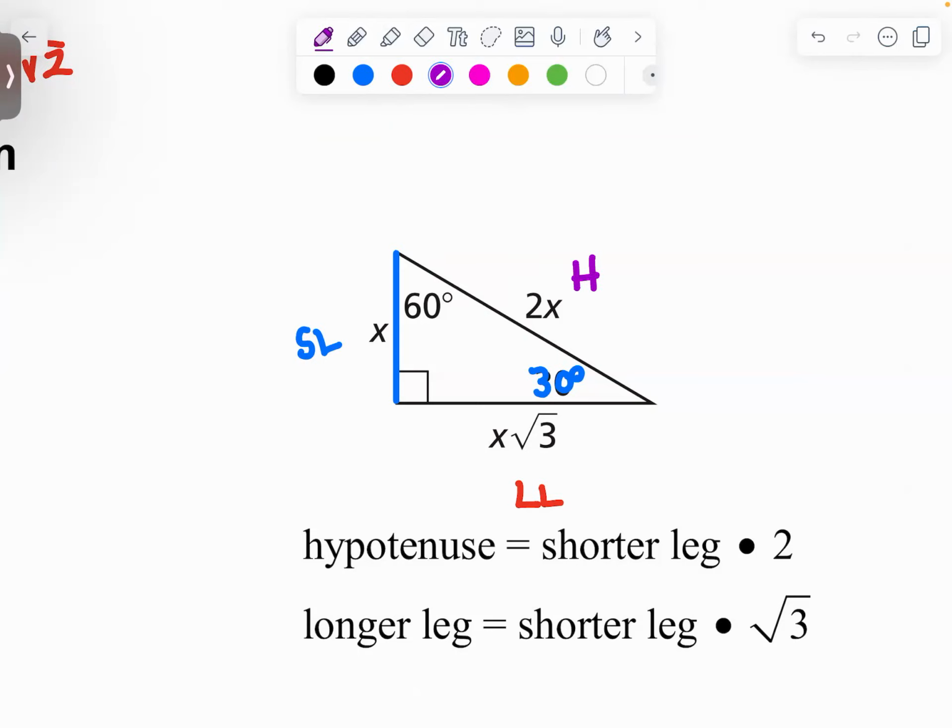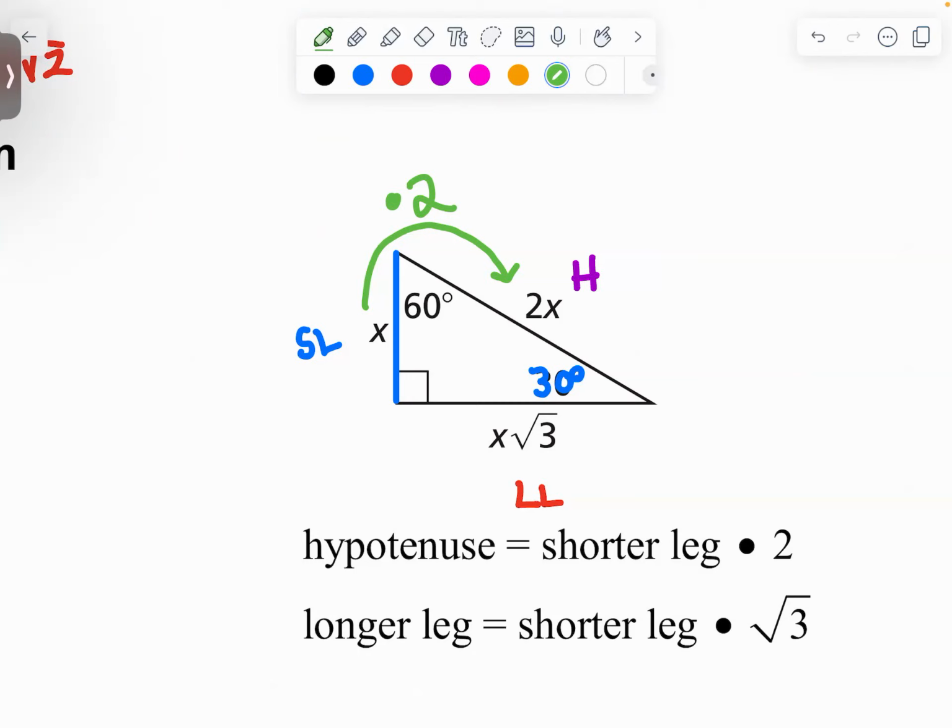So you see this X, 2X, X radical 3. So what's happening is whatever our short leg is, we are going to multiply that by 2 to get our hypotenuse. Which also means if we have our hypotenuse, how do we get to our short leg? We would have to divide by 2.